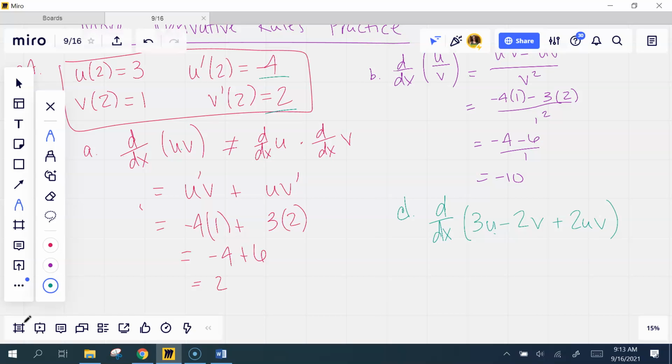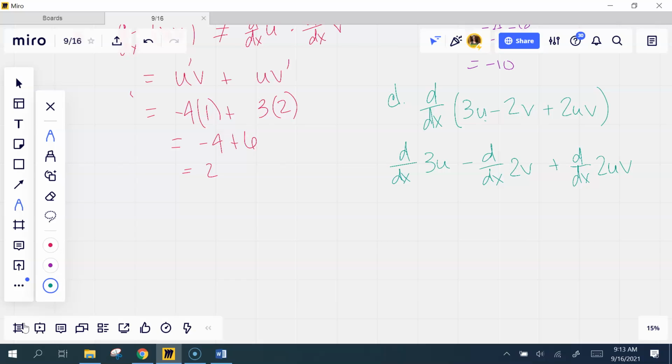So this would be the derivative. What I'm getting at here is you can split it up this way. This is 3 times the derivative of u.